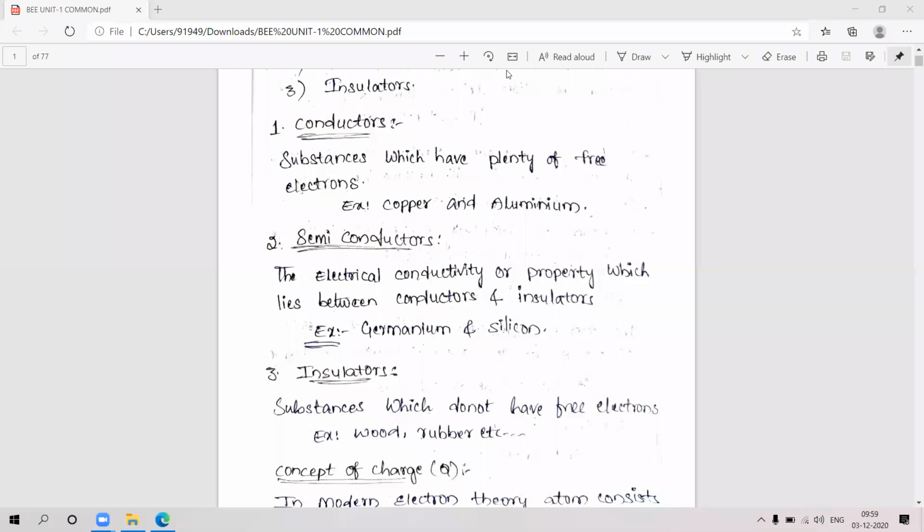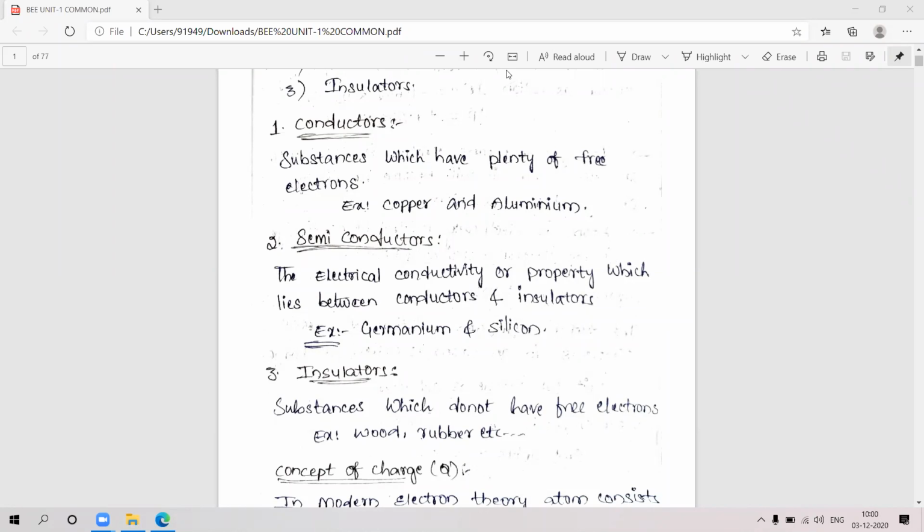For every cycle it has two polarities, positive and negative. During positive, it will allow. During negative, the resistance becomes more. Examples are germanium and silicon, as in diodes.